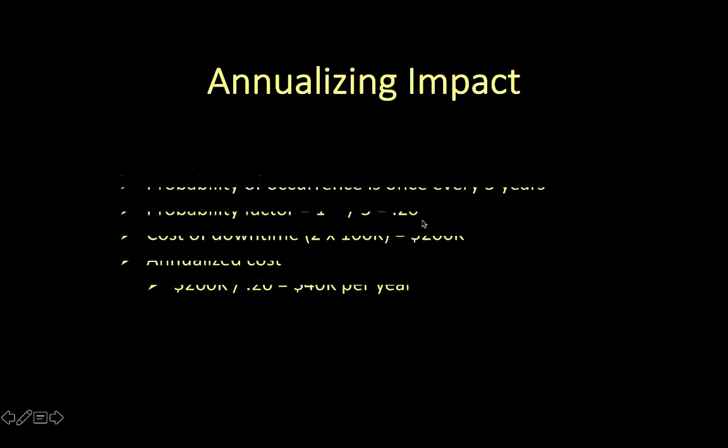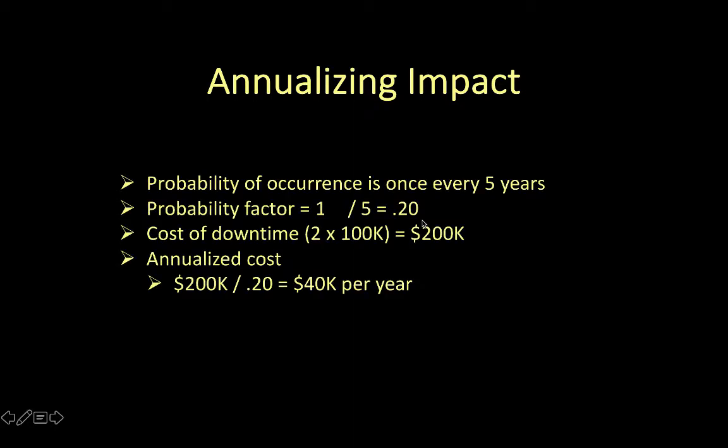Using real numbers, we determine that a server failure will likely take down a specific critical process every 5 years, based on mean time before failure. This results in an annualized probability of occurrence of 1 divided by 5, or 0.20. If this system fails, it will cost the company $100,000 per day. Based on existing response capabilities, it will take about 2 days to recover the process.